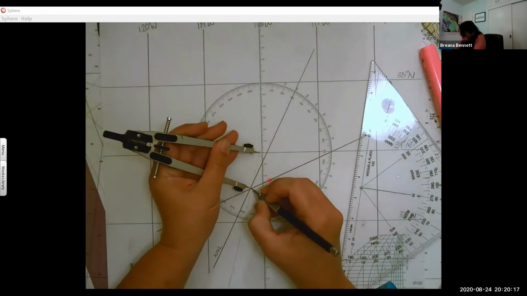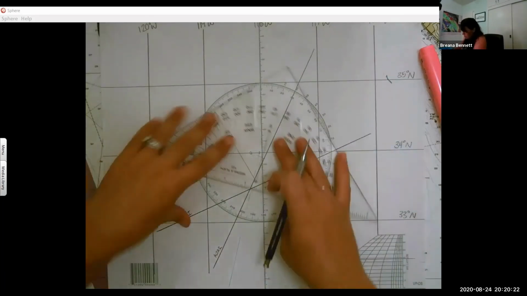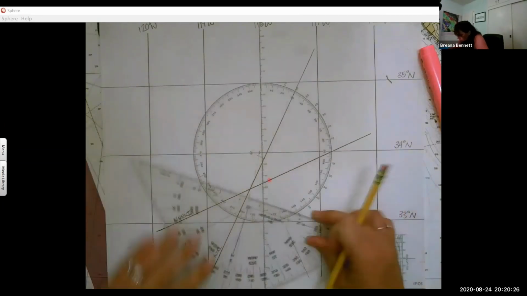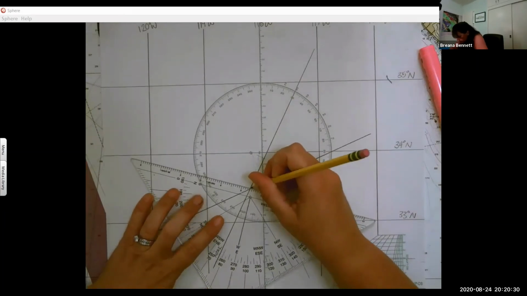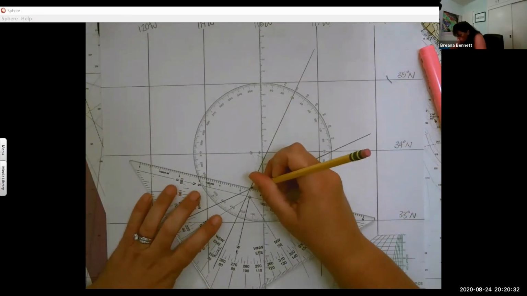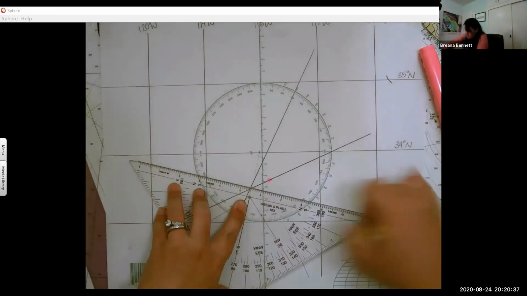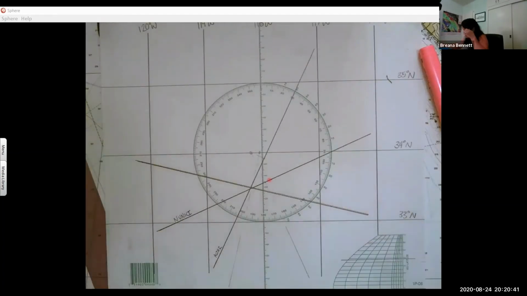We're getting a pinwheel in a square. So, oops.